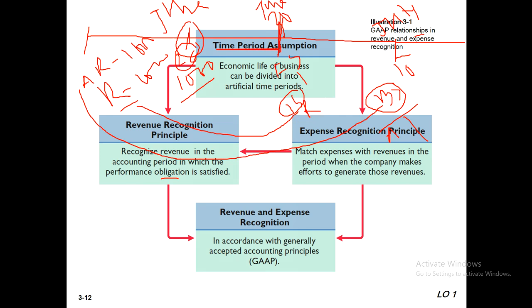To generate this revenue we have an expense. Suppose our expense is $800. For this expense our journal entry will be salary expense debit $800, and since we have not yet paid this salary, salary payable credit $800.